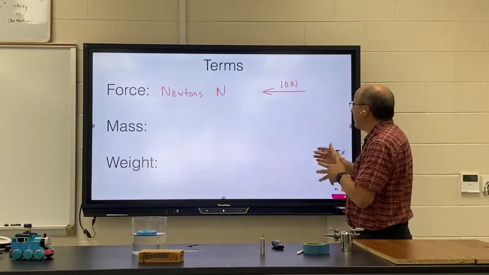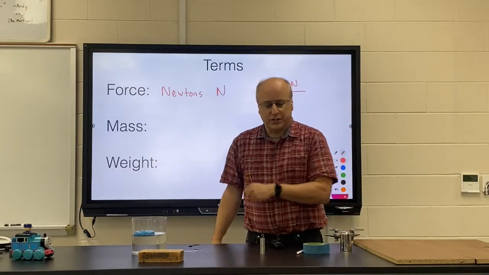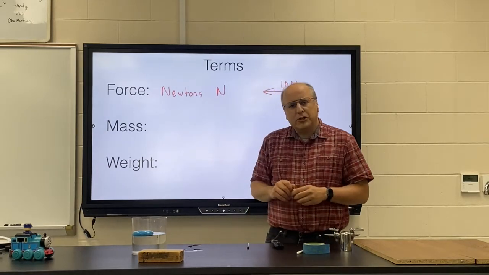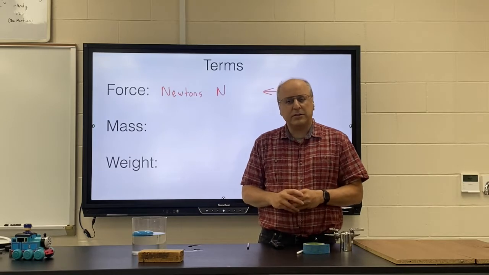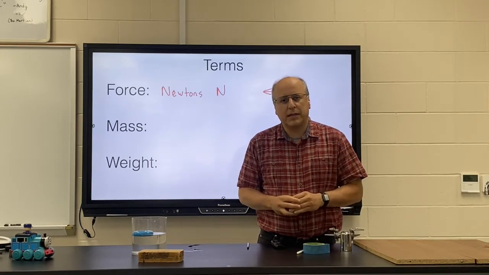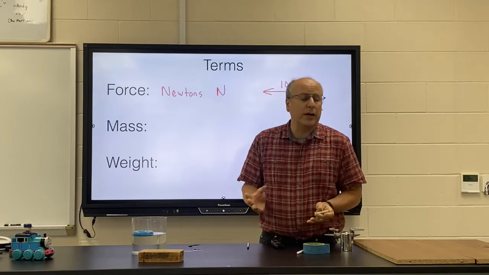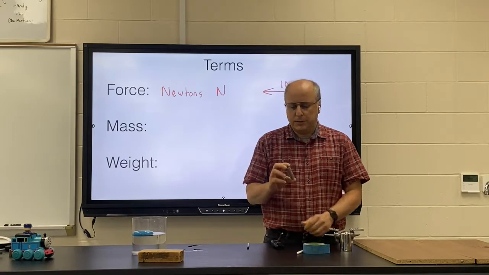So it's a vector because it's an arrow that has both magnitude and direction. Okay? Forces used to be measured in pounds, but most of the world has moved away from pounds, and all of the scientific world has moved away from pounds. So if you run across pounds, which you will in this country, make sure you convert it over to newtons.